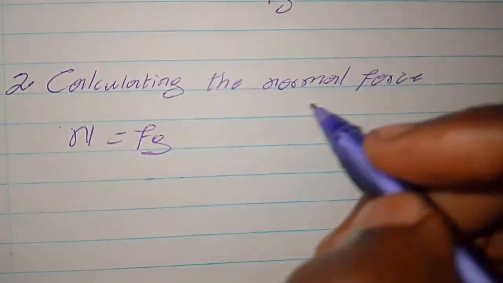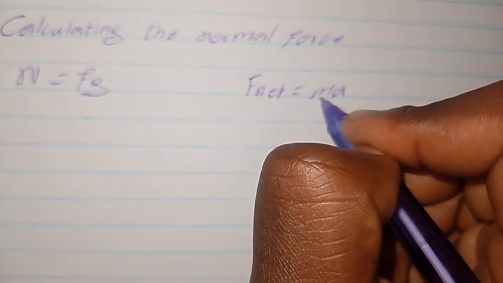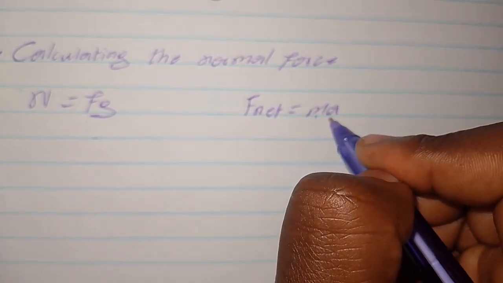Where do we get this? We can use Newton's second law and say F net is equal to ma, where m is for mass and a is for acceleration.